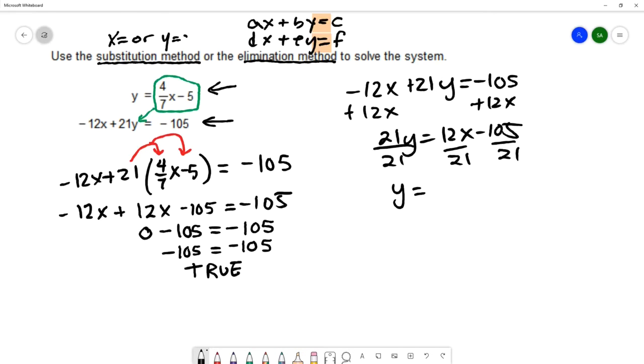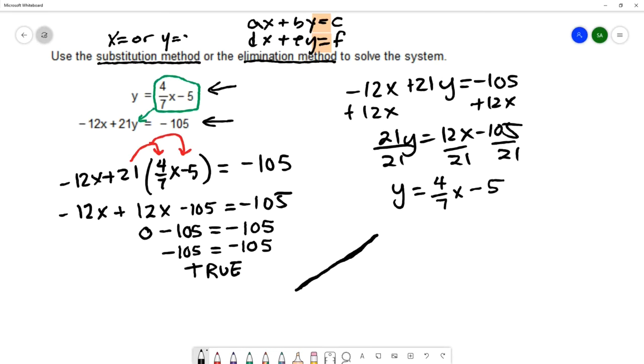Let's see, 3 goes into 12 4 times, 3 goes into 21 7 times. And if I divide negative 105 by 21, I'm going to get a negative 5. So you can see that that second equation, when we rewrote it in slope-intercept form, is actually the same as the first equation.